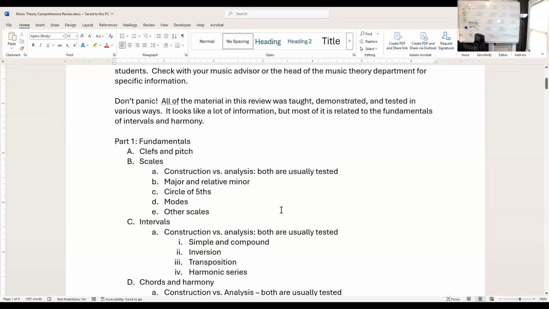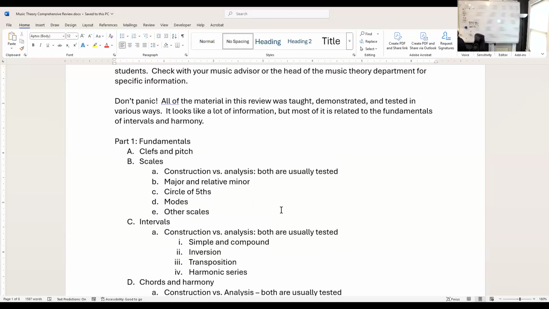One of the things that I consider when teaching this class and how things progress going forward is it's constantly moving and constantly reviewing. So, for example, when we were introduced how to read different clefs, we learned approaches to figuring out clefs.